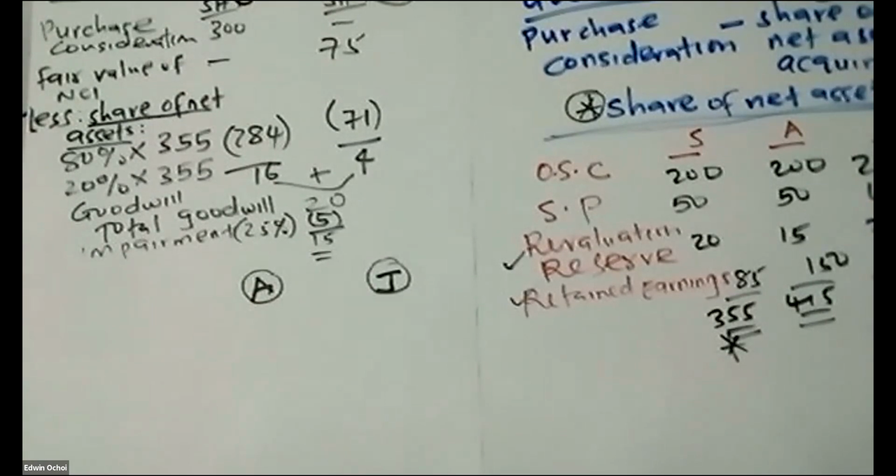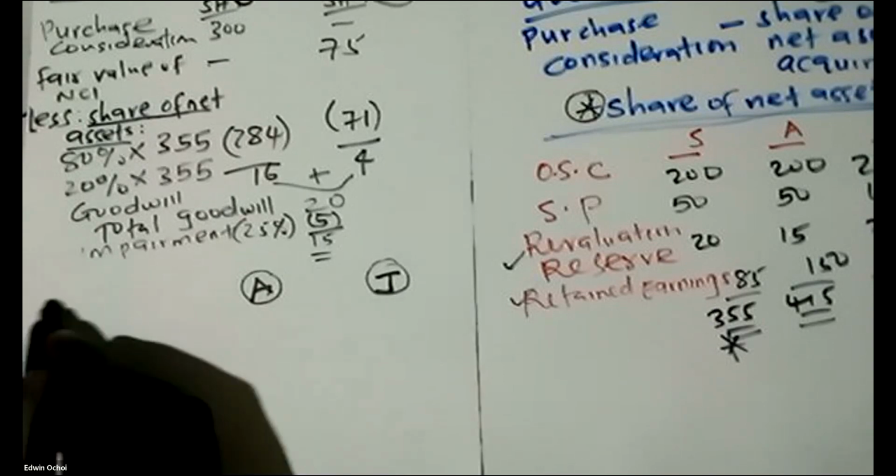The NCI is only under the subsidiary. It is when you have a subsidiary that you think about which method to use, full or partial. In order to use the full, you must be given the fair value of non-controlling interest. That is the case for a subsidiary. But for associates and joint ventures, there is no NCI, so you always use partial.